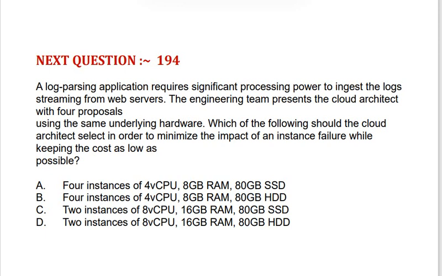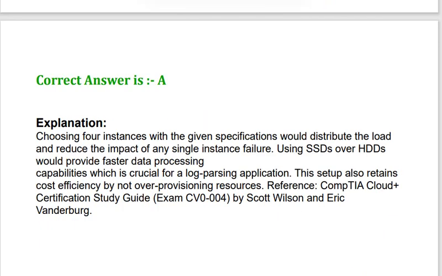Option A, 4 instances of 4 vCPU, 8 GB RAM, 80 GB SSD. Option B, 4 instances of 4 vCPU, 8 GB RAM, 80 GB HDD. Option C, 2 instances of 8 vCPU, 16 GB RAM, 80 GB SSD. Option D, 2 instances of 8 vCPU, 16 GB RAM, 80 GB HDD. Correct answer is option A.